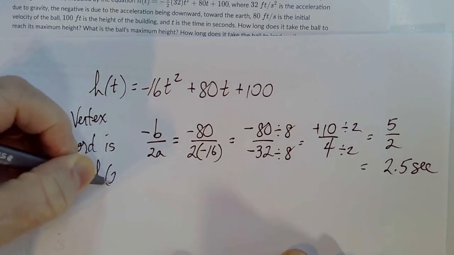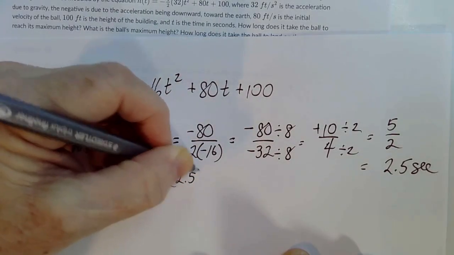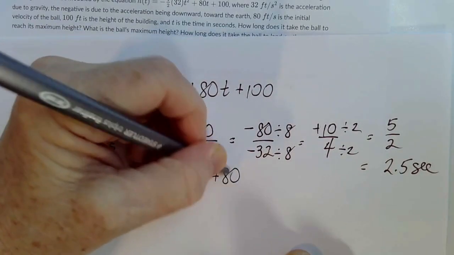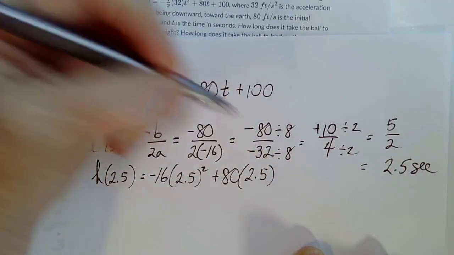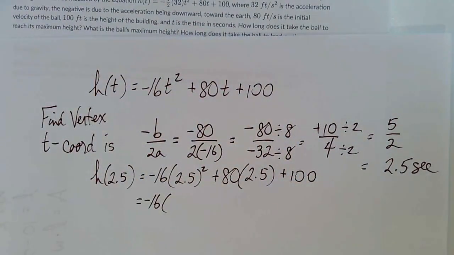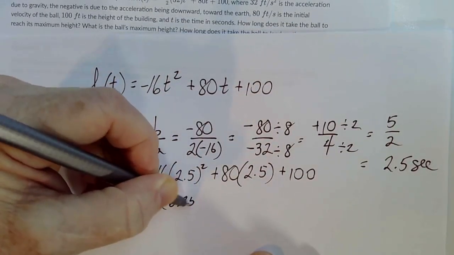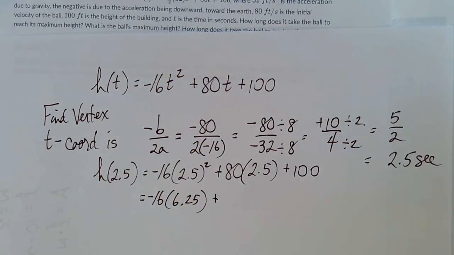So h of 2.5 is -16 times 2.5 squared plus 80 times 2.5 plus 100. That's -16, let's see, 2.5 squared is 6.25. 80 times 2.5 is 200.